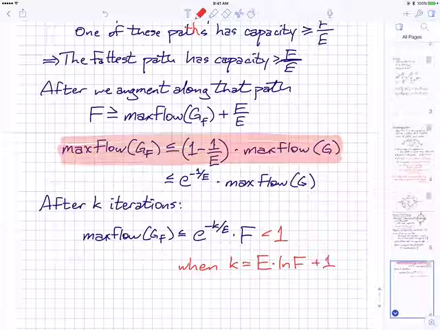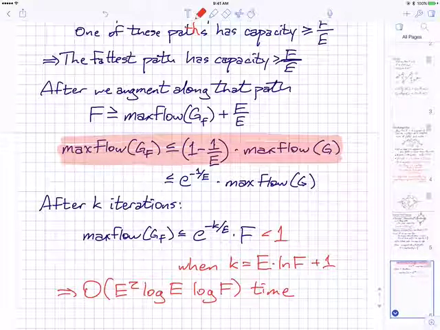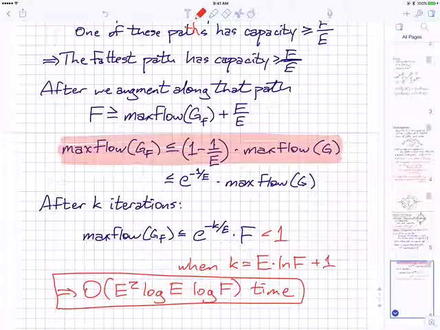If I set k to be E times the natural log of F, up here the E's are going to cancel, and I'm just going to get E to the minus natural log of F, which is 1 over F. Multiply that by F, I get 1. If I just add 1 here, I'm going to get at most 1 over E, and that's less than 1. Okay? So that means altogether the algorithm runs in E squared log E log F time, because each iteration takes E log E time, and I multiply by this number of iterations.